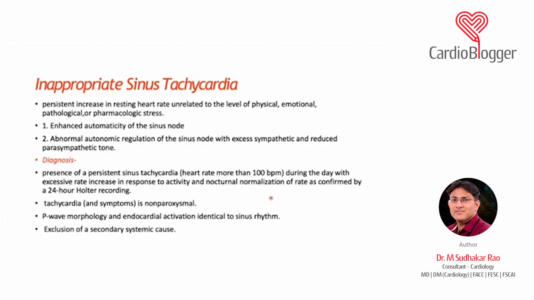So if a patient complains of palpitation and you do Holter monitoring, you see that the average rate on the Holter monitoring is always more than 100, and during the night time it comes back to normal, because during sleep the vagal maneuvers are activated and the heart rate comes back to normal.